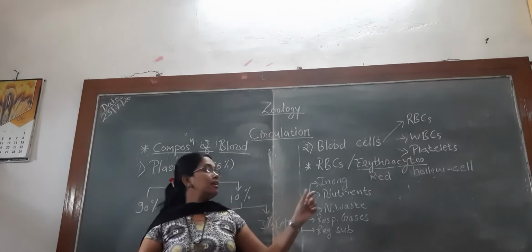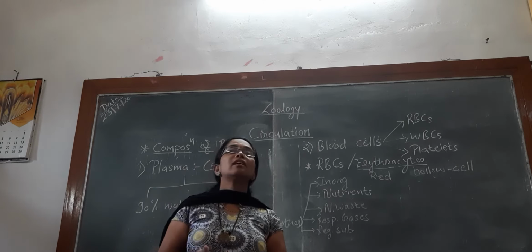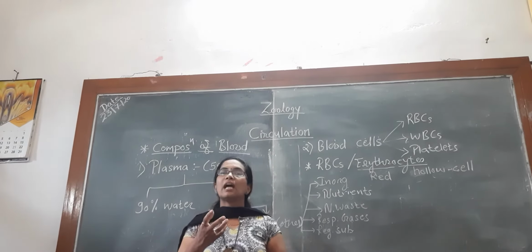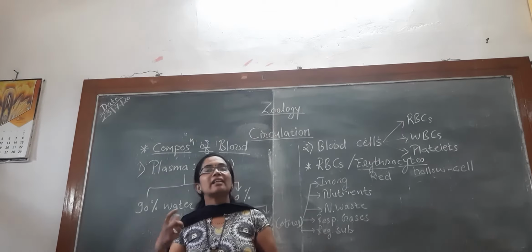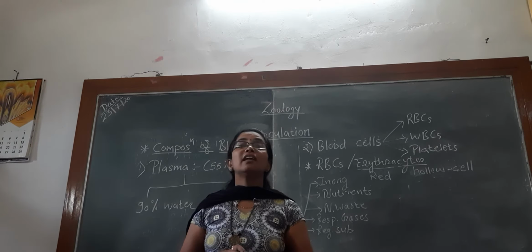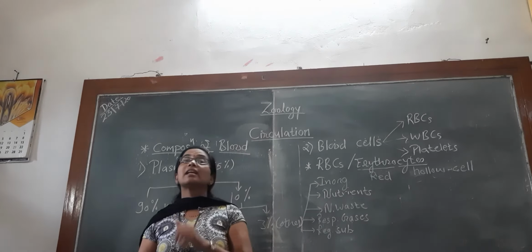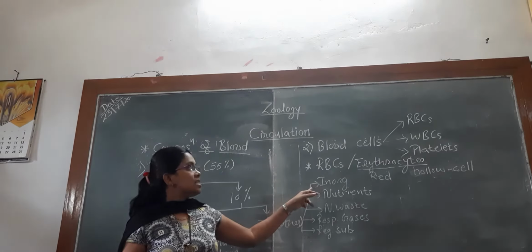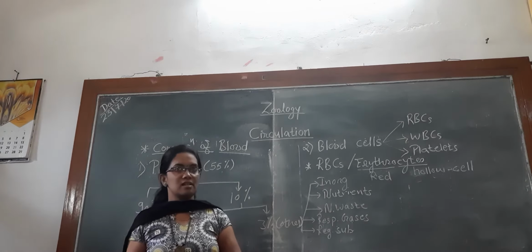But when they migrate to the lymphoid organ for further development and maturation, the nucleus is lost, and that's why we call human RBCs enucleated. But only in the camel's body does the RBC have a nucleus.